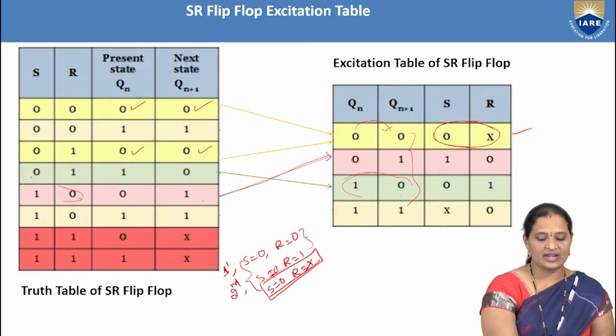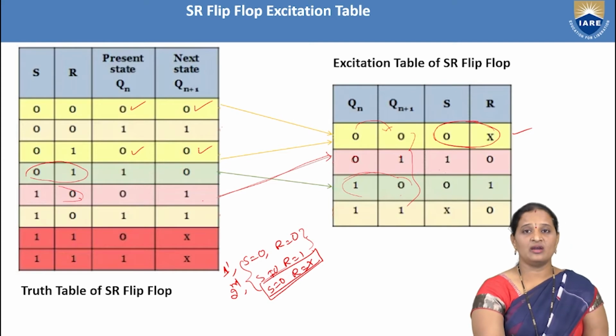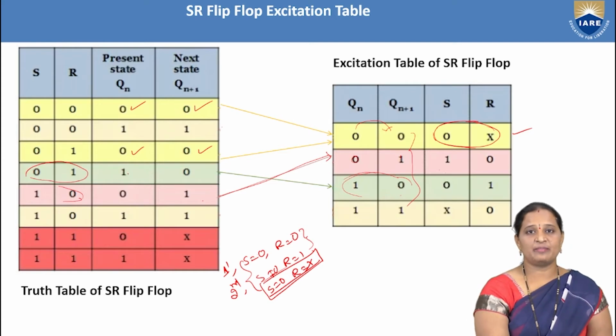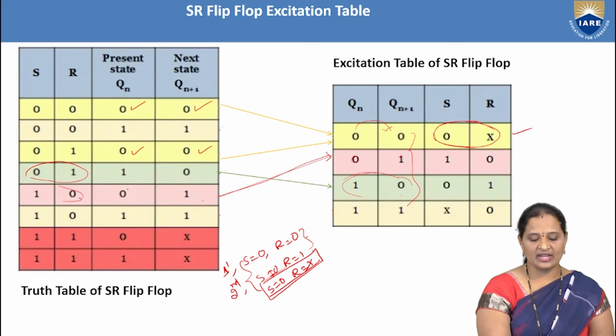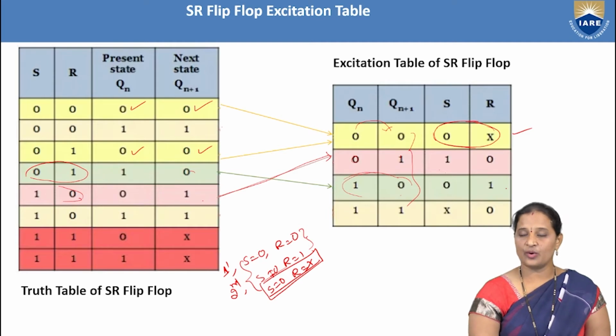No other combinations produce the present state as 1 and next state as 0 if you observe the truth table. So that is why we can fill the third row of the excitation table as 1, 0, and the SR inputs are 0, 1.